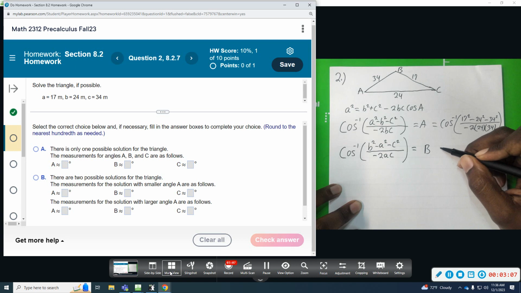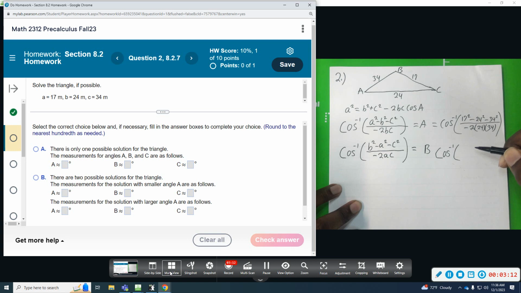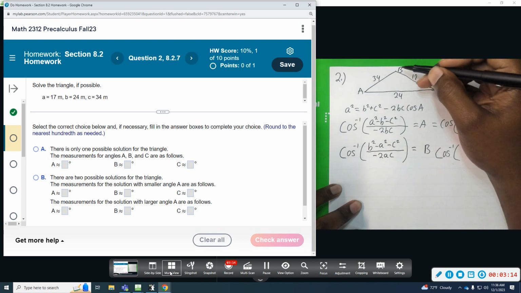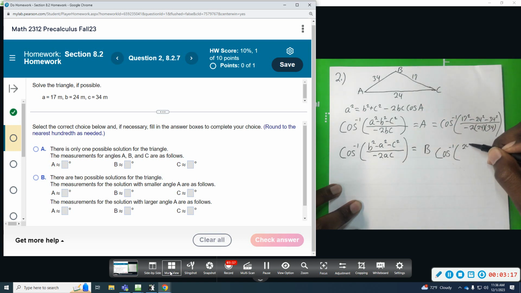And then for this one, we're going to do inverse cosine B squared, which is 24, minus A, which is 17, minus C, which is 34. It's going to be all over negative 2 times 17 times 34. Okay, so we'll use these two formulas to find angle A and angle B.